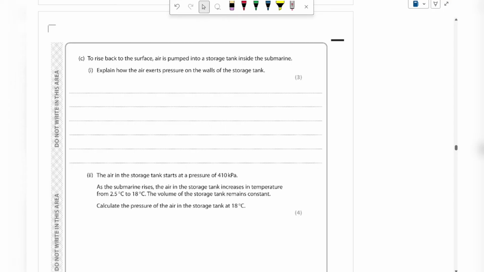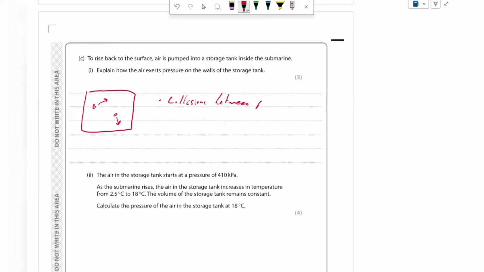To bring ourselves back up to the surface, we pump air in. How does air exert pressure on the walls of the storage tank? I'm tempted to draw a diagram. You've got obviously your gas moving around like this. So the first mark is going to be there are collisions between particles and the walls of the container.